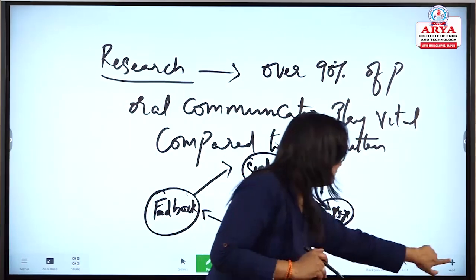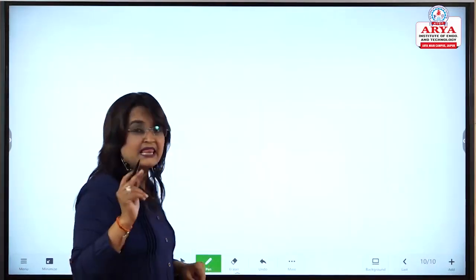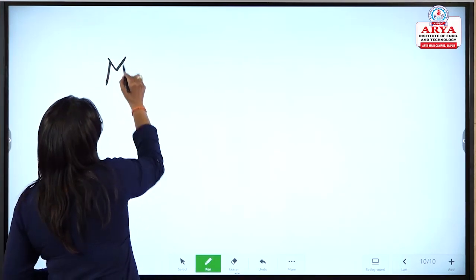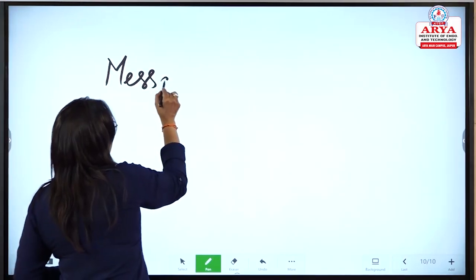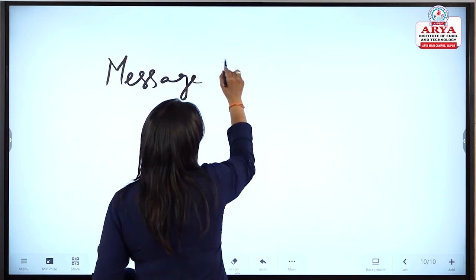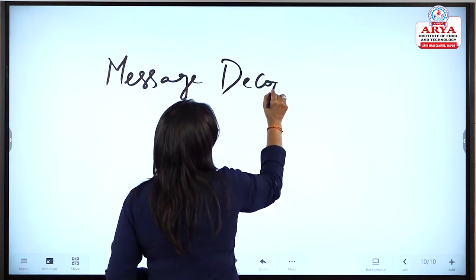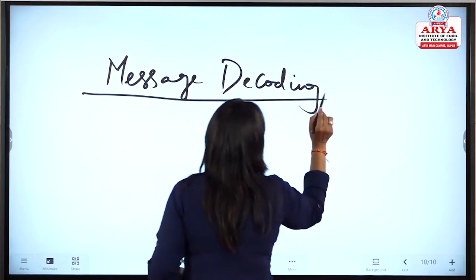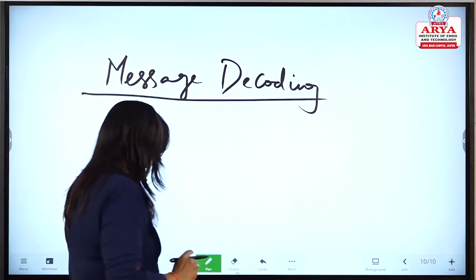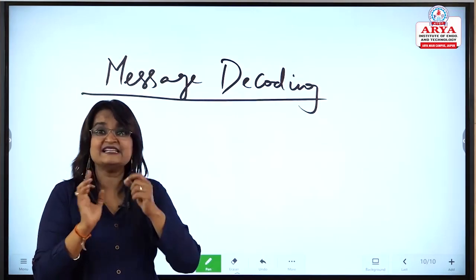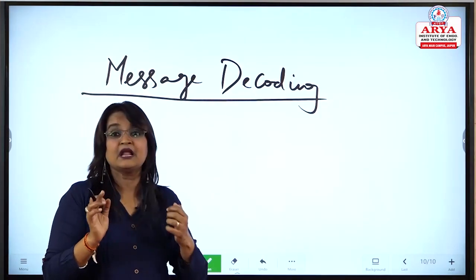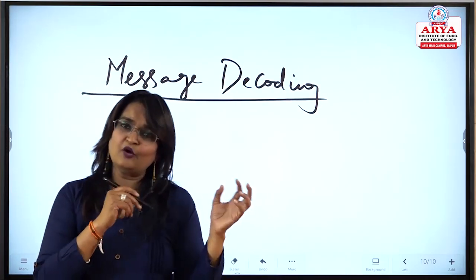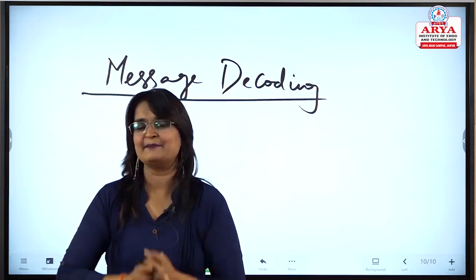Now when we are talking about message decoding. We have studied about encoding, now we are studying about message decoding. So when we are talking about message decoding, how does it occur? Who has encoded it has passed the message.